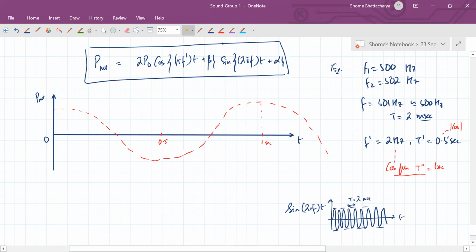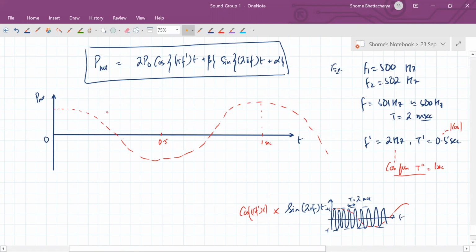Okay, but now if we multiply it with this term, cos pi f prime t, we'll have to superimpose this very slowly varying term. So instead of varying between +1 and -1, your sine function is varying between plus and minus of this.